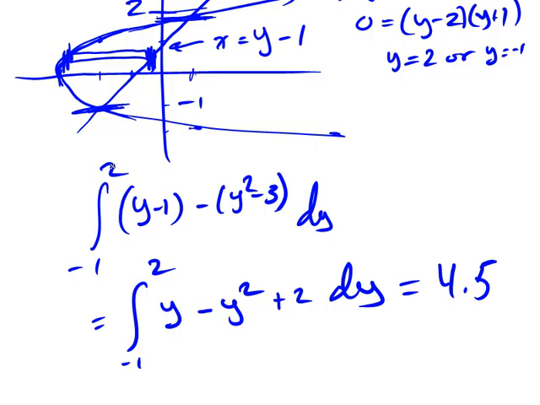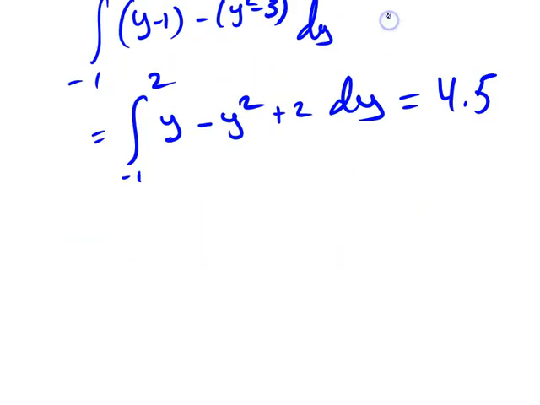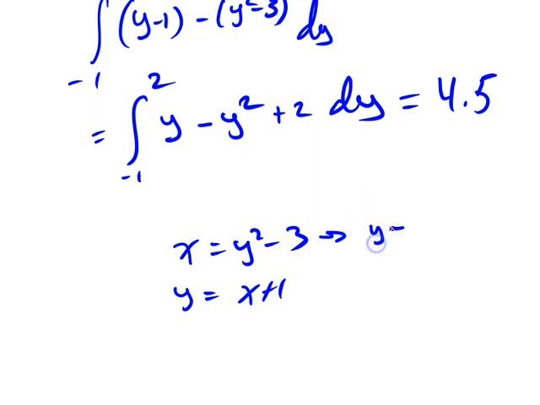Anyway, there's one last thing I want to say. I have seen some people on this problem do this. They've got these equations, x equals y squared minus 3 and y equals x plus 1. They say, you know what, I don't want to do it sideways. I want to write this as y equals x squared minus 3, and this as x equals y plus 1.